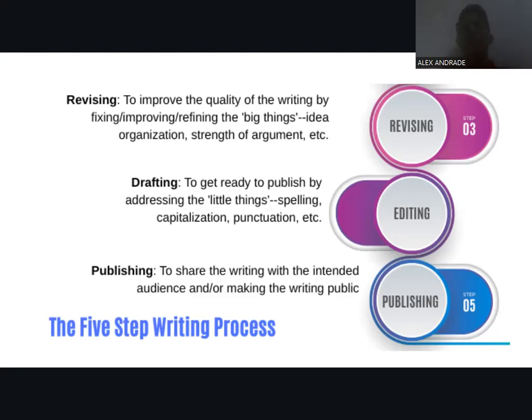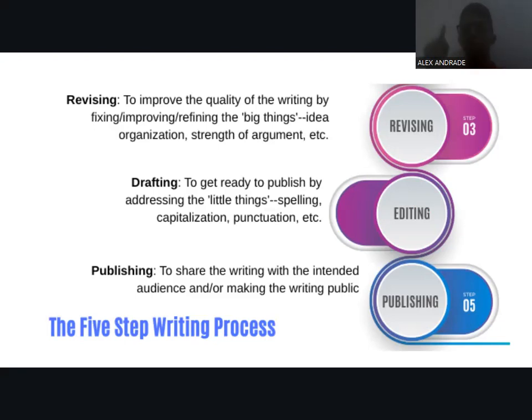Right? In the fourth part, we're going to talk about editing. So we go back to the drafting, volvemos otra vez al borrador, and what we're going to do is get ready to publish by addressing the later themes.